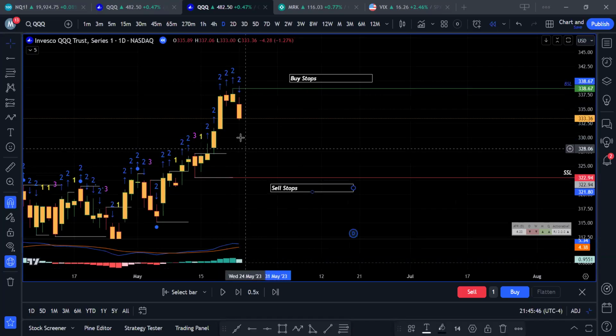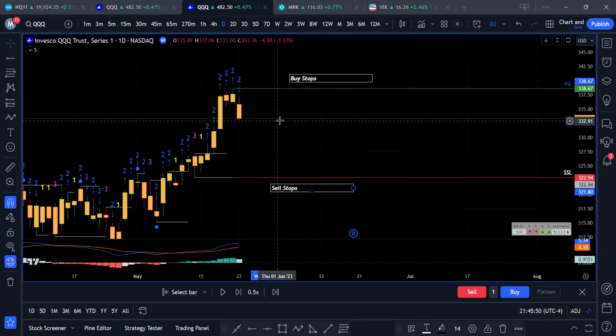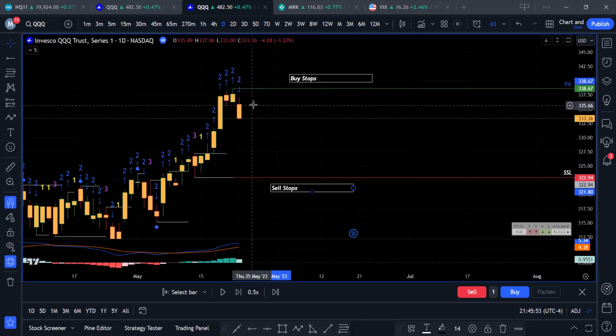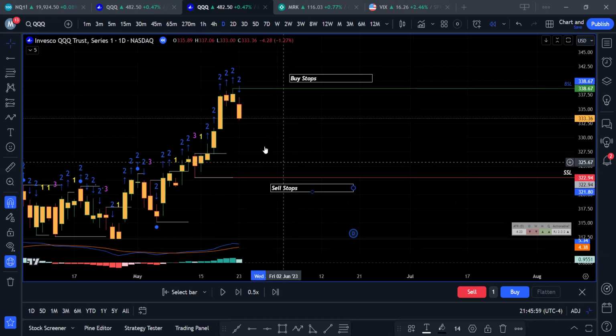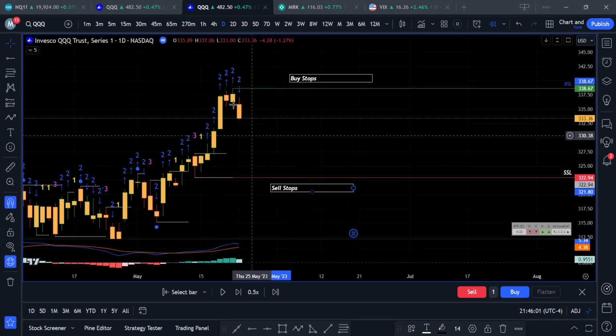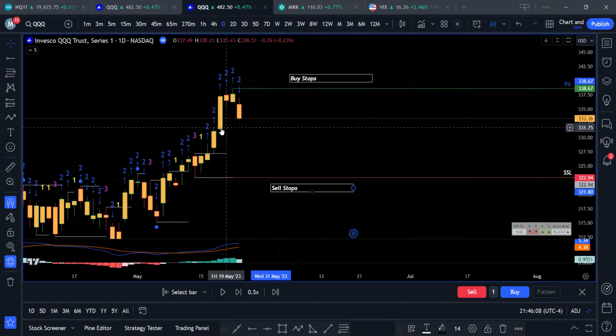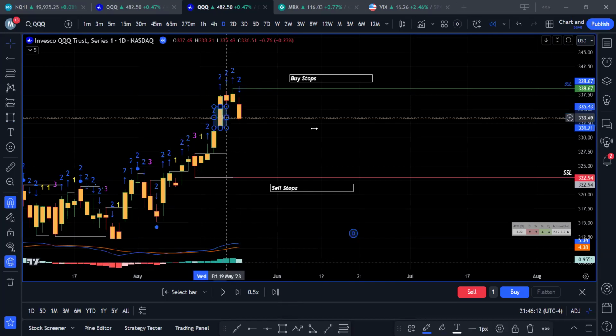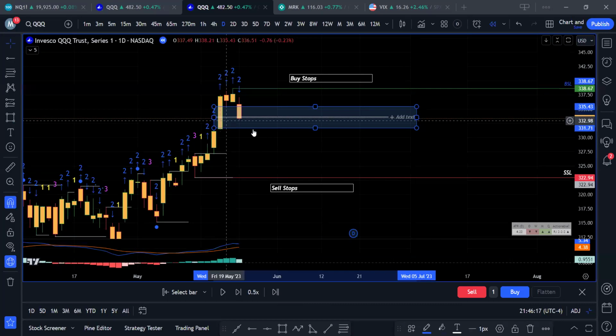So let's see if we end up. So again, what's going to happen with buy side liquidity? We're either going to come back and retest and then continue to push, or we'll retest and then we're going to fail, or this is the reversal here that we're seeing. So if that is the case, then price is going to move into internal range liquidity, which is currently in right now. Internal range liquidity is your fair value gap right here, right? And we'll talk about how to play fair value gaps.